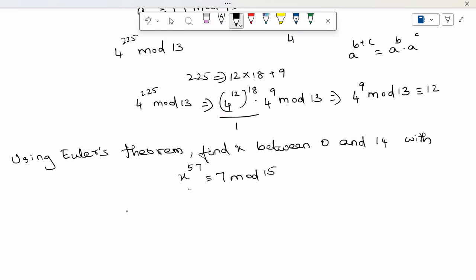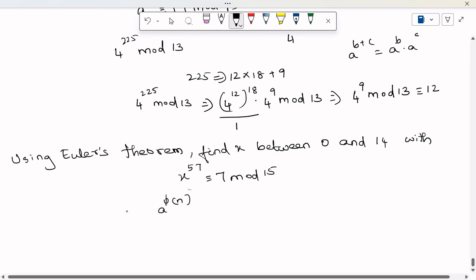So now we are trying to find the value of x. What is Euler's theorem? a^φ(n) is congruent to 1 mod n. So here n is 15 and a is x, right?